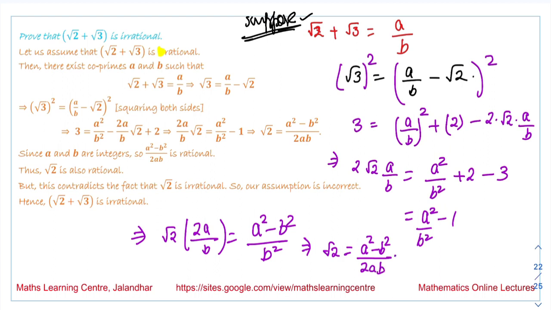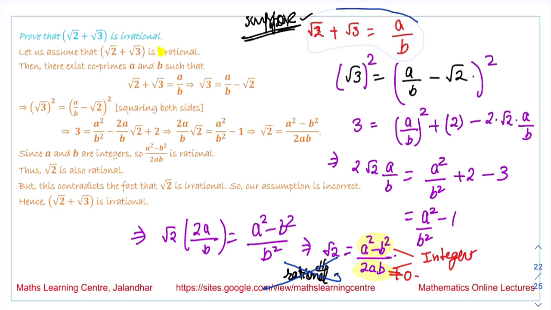Now if a and b are integers, then a square minus b square will be an integer, 2ab will be an integer. Both these values are integers, and the denominator will not be equal to 0. So what this gives us is that root 2 is a rational number, and we know that this is incorrect.